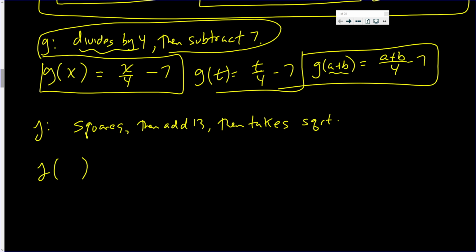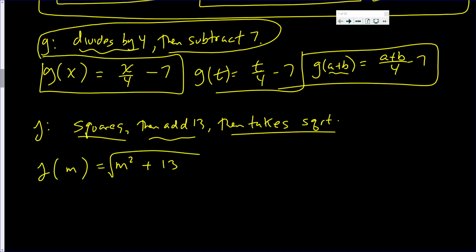Maybe you're gonna put in m. So I square m, then I add 13, then you take the square root. There it is. It's up to you what you put between the brackets. If you want to put x, well then you square it, you add 13, and you take the square root of it.